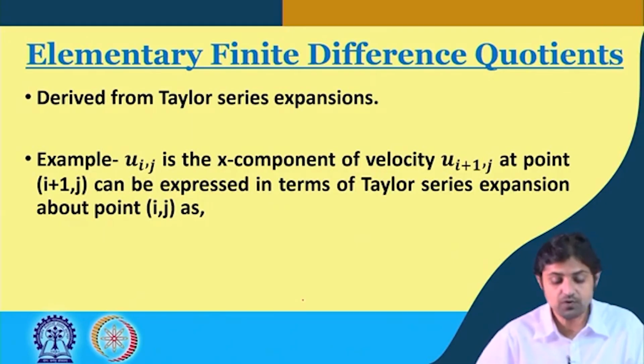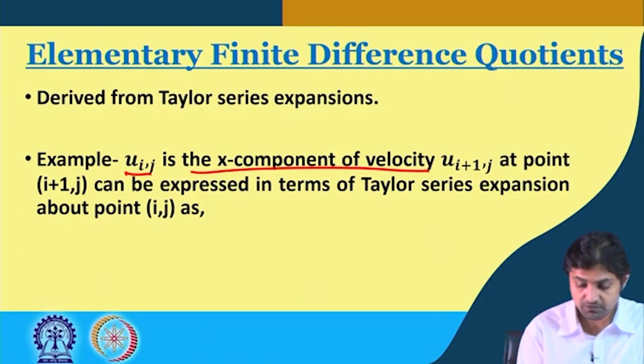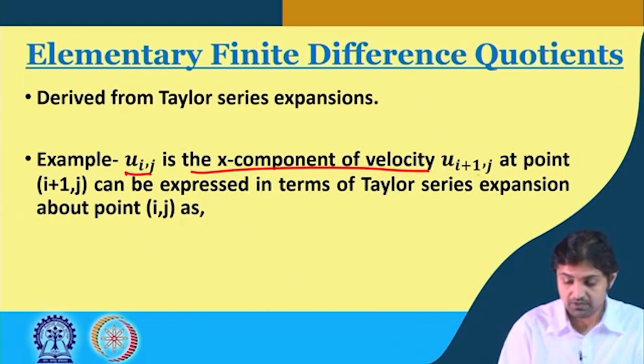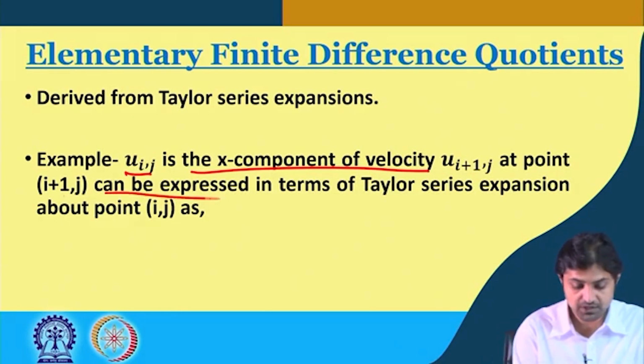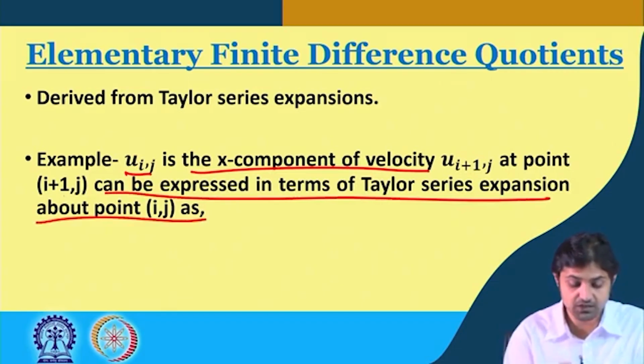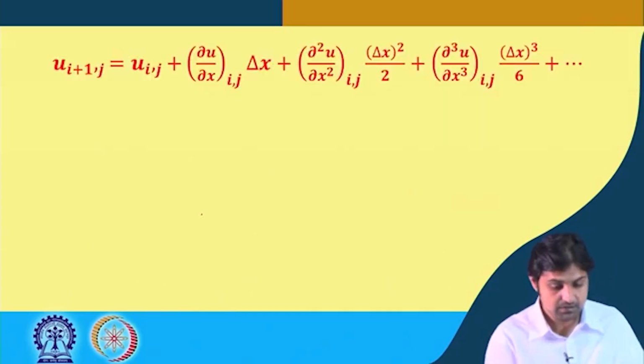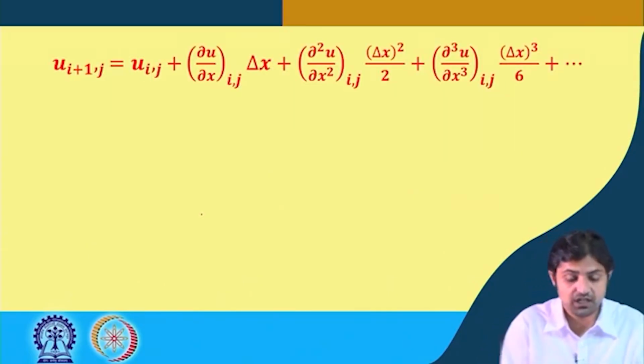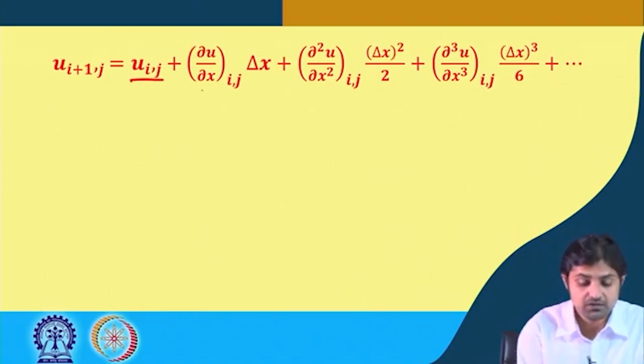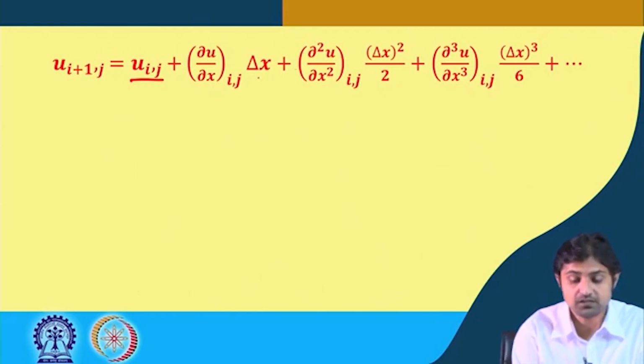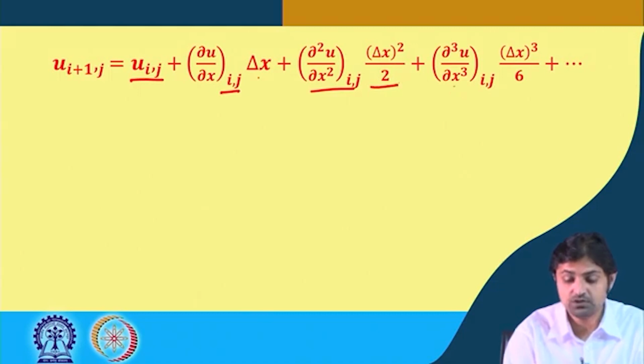So, for example, u i,j is the x component of velocity. u i+1,j, at point i+1,j, can be expressed in terms of the Taylor series expansion about point i,j as: u i+1,j can be written as u i,j plus del u del x at i,j into delta x plus del square u by del x square at i,j multiplied by delta x square by 2 and so on.